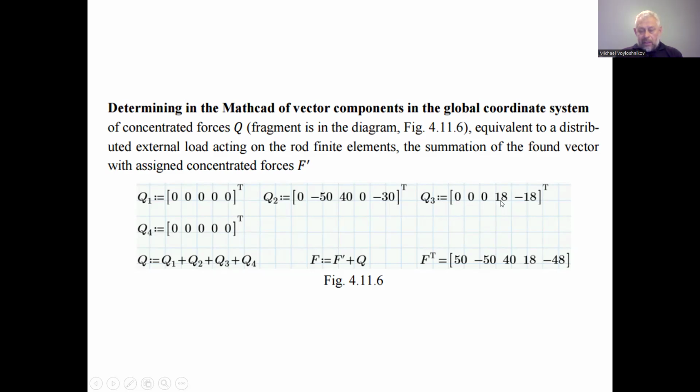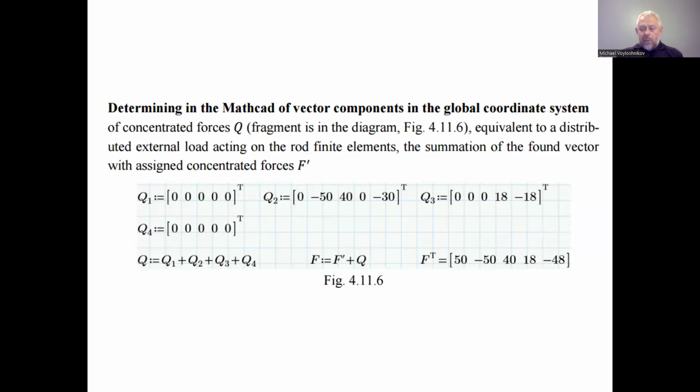And the third is the horizontal force acting on the node number 3 on behalf of the force distributed on the finite element number 3, the inclined finite element of the length 5 meters.